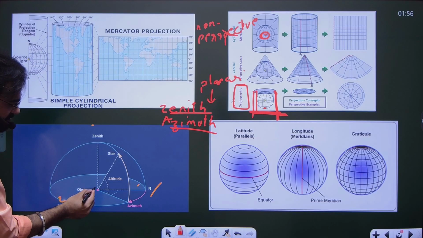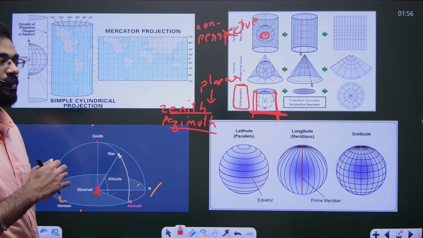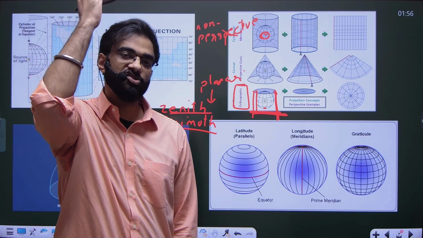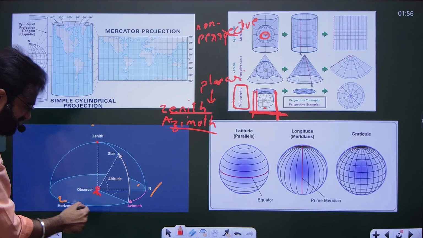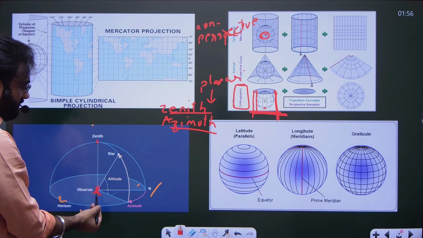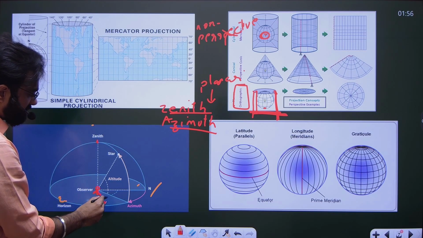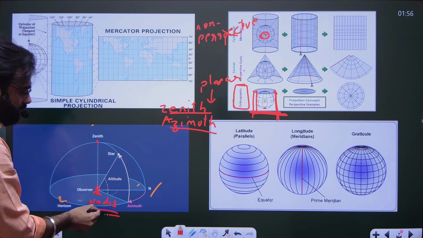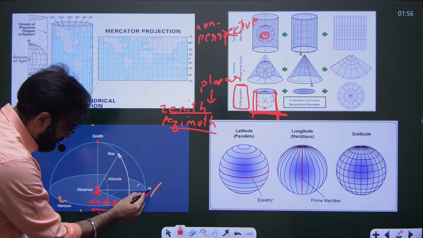Zenith: if I am standing over here, then the zenith is the imaginary point located directly overhead in the celestial sphere. The point opposite to this, on the ground, is known as nadir. This term is important in remote sensing.